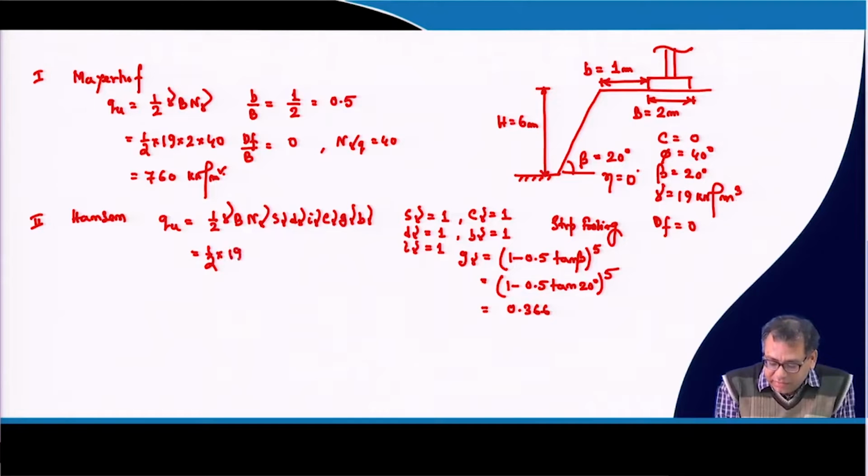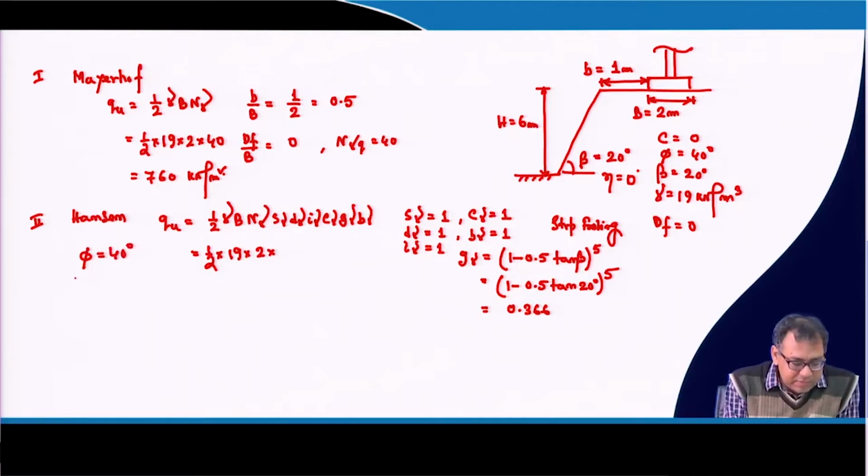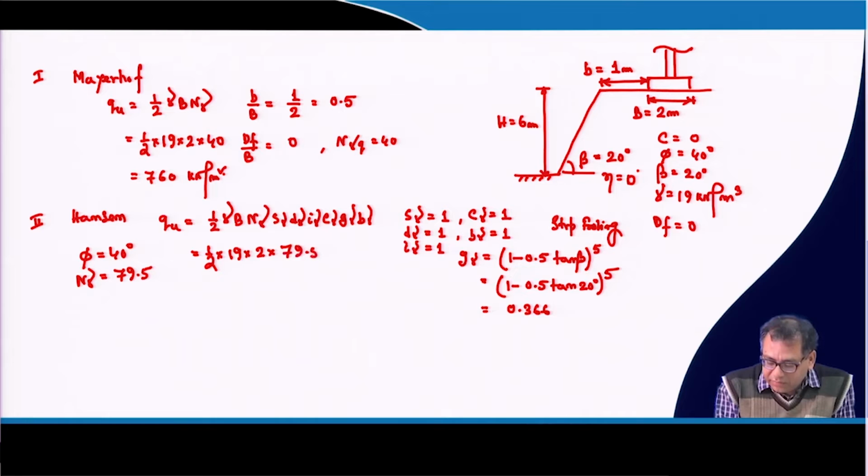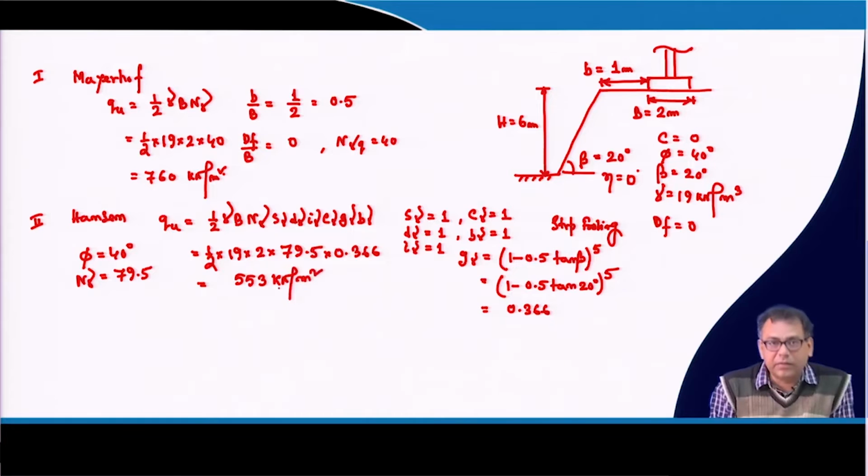So it is half into 19 into 2 into N gamma. For phi equal to 40 degrees, as per Hansen, the N gamma value is 79.5. That I will put here, 79.5, and 0.366. So it is 553 kilonewton per meter square.